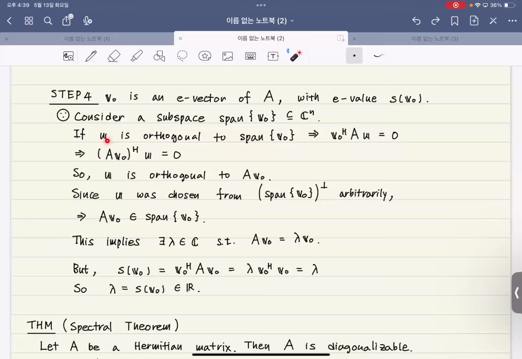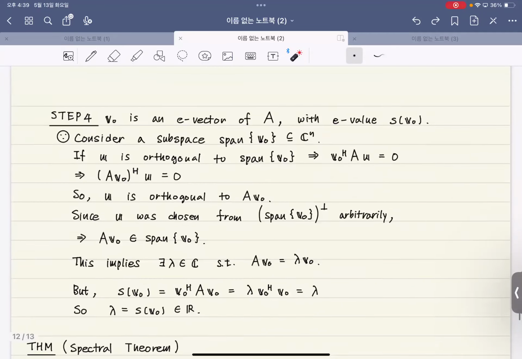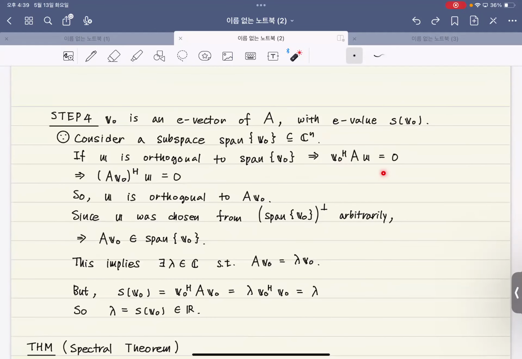Then, because of our previous problem, step number 3, this number should be 0. And since A is Hermitian, taking the complex conjugate, (Av0)^H u equals 0. So that means u is also orthogonal to Av0, right?